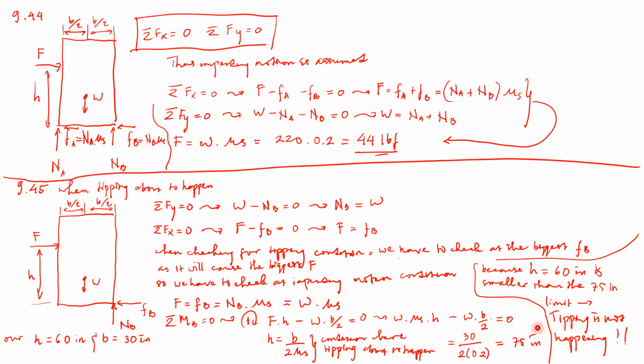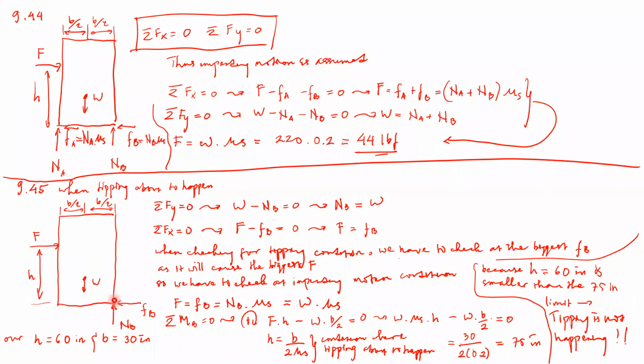So that's the sequence. In order for us to check whether a certain condition tips before it slips or not, the first thing that we are supposed to draw is the free body diagram of the limiting tipping condition, which means that the friction force and the normal force are only happening at one particular edge like this.